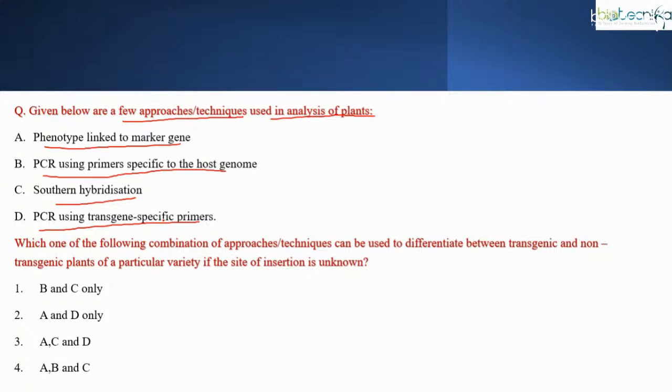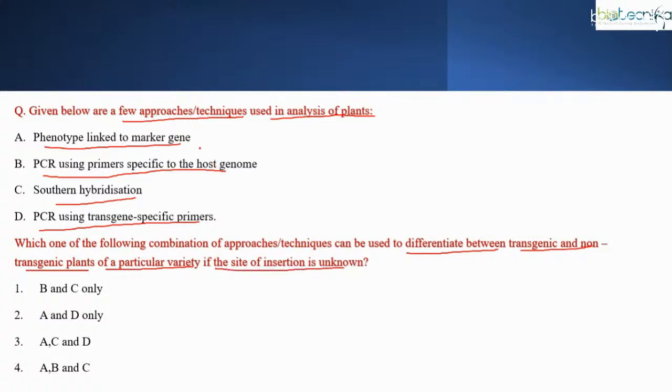Now, here you have to identify the techniques that can be used to differentiate between transgenic and non-transgenic plants of a particular variety if the site of insertion is unknown.